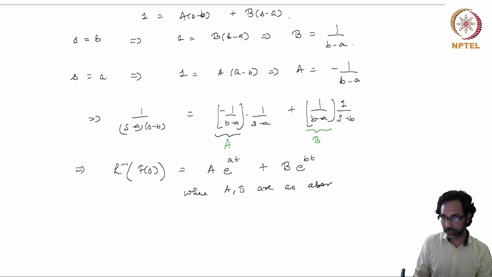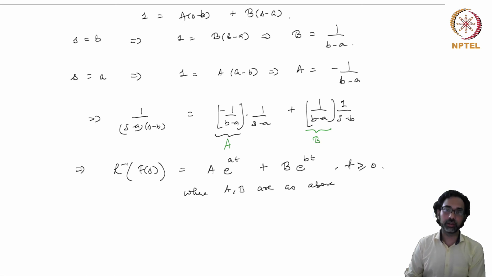So we know explicitly the values of both constants A and B. This is valid for t greater than or equal to 0. So in this case, we can find quite easily the partial fraction expansion and the resulting inverse Laplace transform.